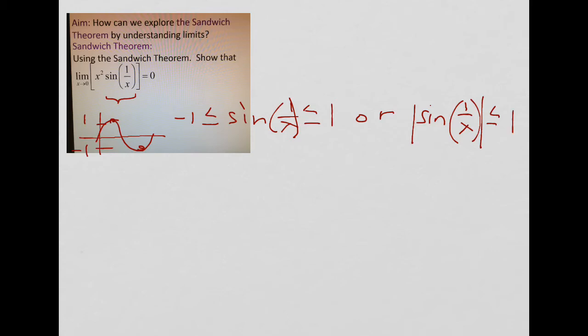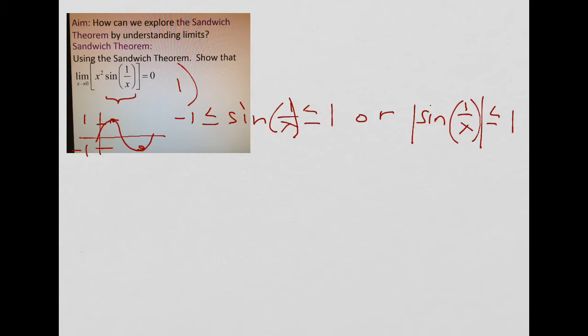For this, it's the sine of 1 over x, so we know that its values are between -1 and 1. We could write it this way, or we could write it this way, with the absolute value. Either way, it's the same expression, and that's our first step, to understand what we're working with here.